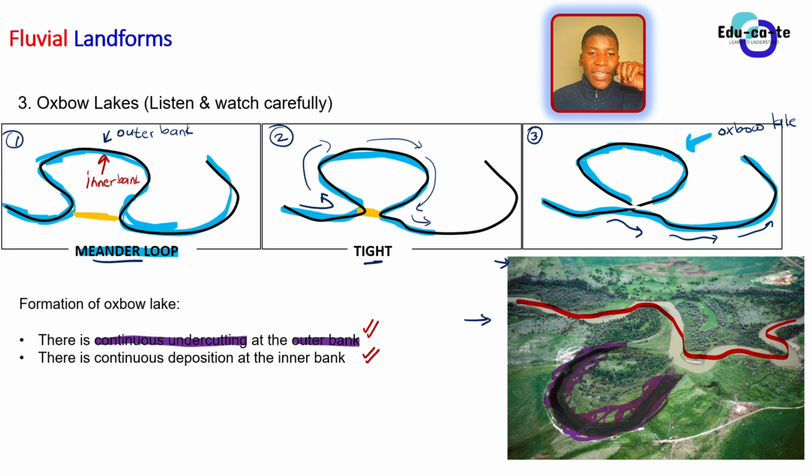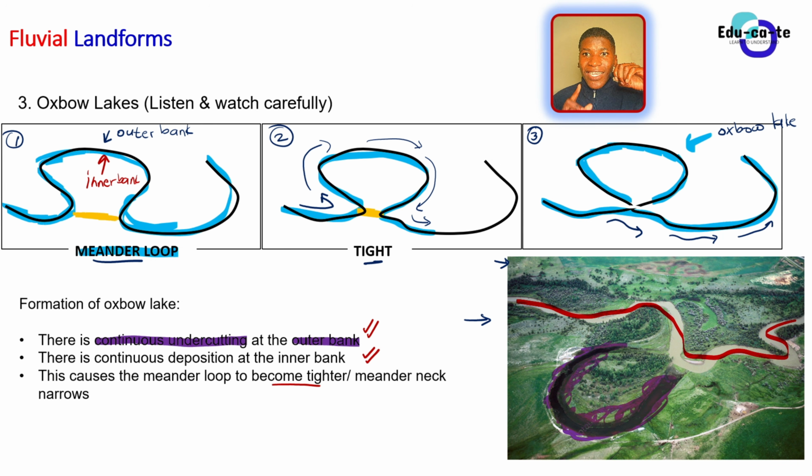And then when that happens, this will actually cause the meander loop to become tighter. Now, this is an explanation to say that these continuous fluvial processes of erosion at the outer bank and deposition in the inner bank actually cause this meander loop to become tighter. It causes this meander neck to narrow.